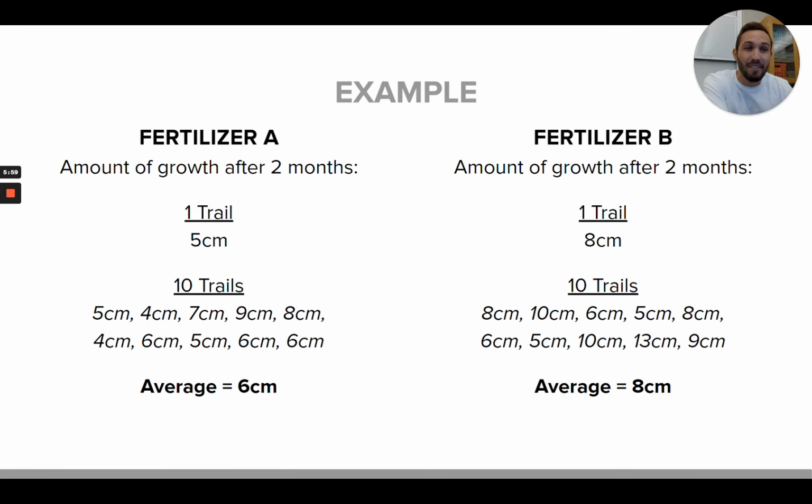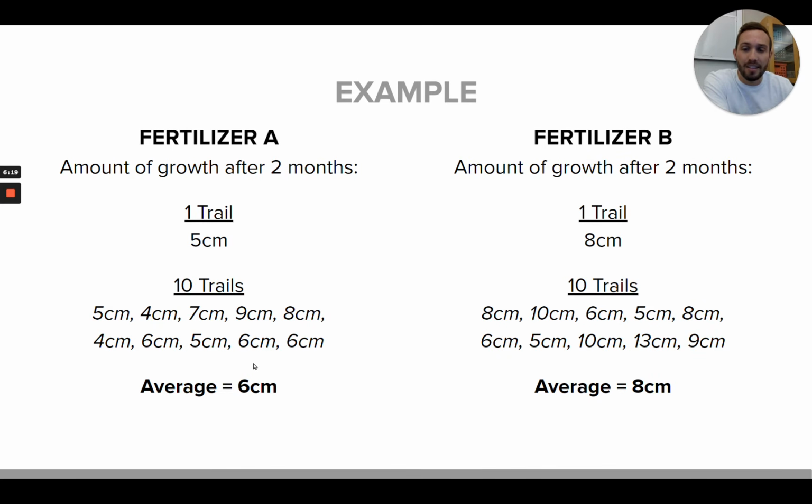Or maybe I'll find that the difference between these is not statistically significant. And if it's not statistically significantly different, then that's not going to be strong enough data to say that one of these fertilizers is better than the other.